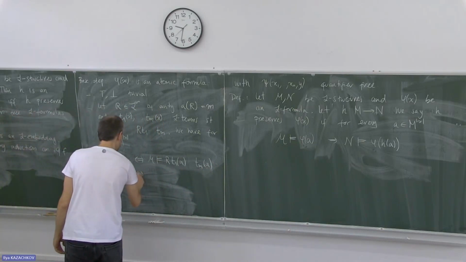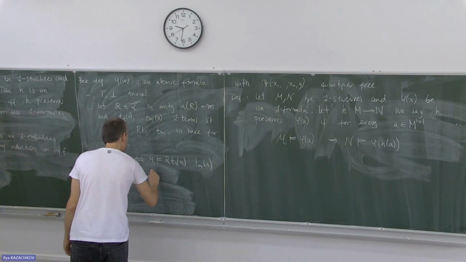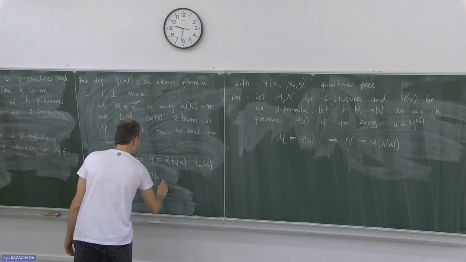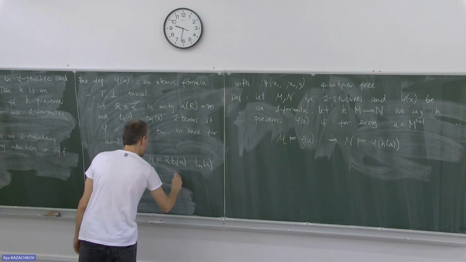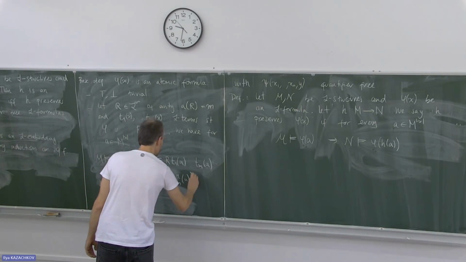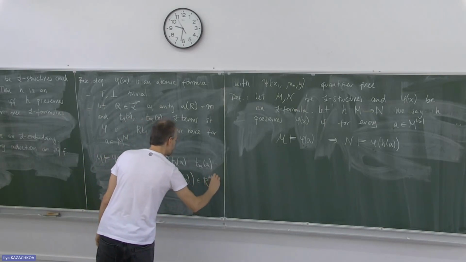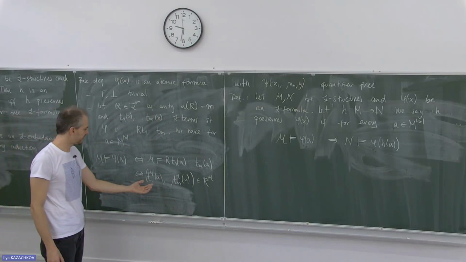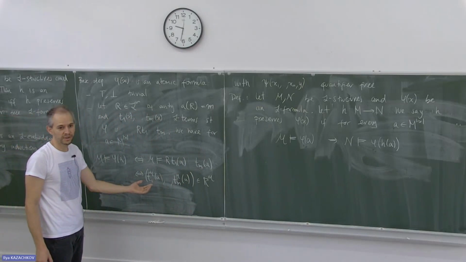And this is if and only if, well, this element, the interpretation of this term T1 over A up to Tm over A in M, belongs to the interpretation of this relation symbol. But by definition, this is the definition of being an L-embedding, right?